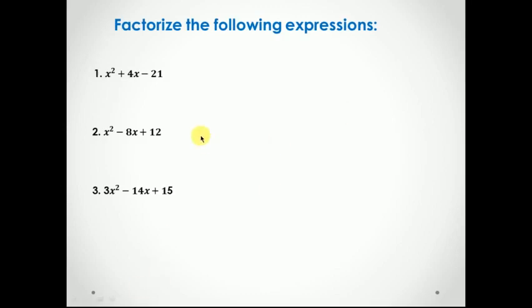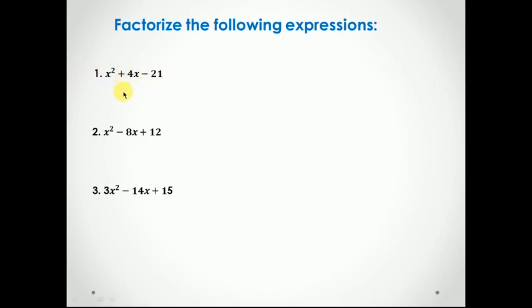Alright, if you have tried these, then let's see if you actually got the correct answers when we factorize. So in this case, the product is going to be negative 21. That's 1 times negative 21, that's negative 21, and the sum is 4.